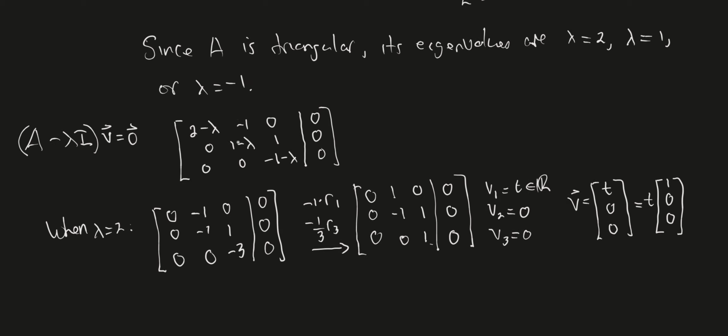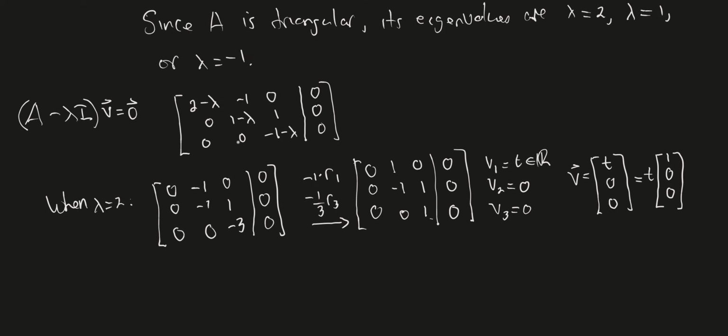So let's write down that first eigenpair. Our eigenpair is of the form 2, comma, and then the vector is 1, 0, 0. All right? There we go.